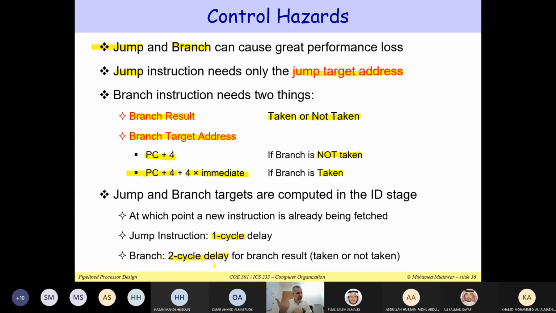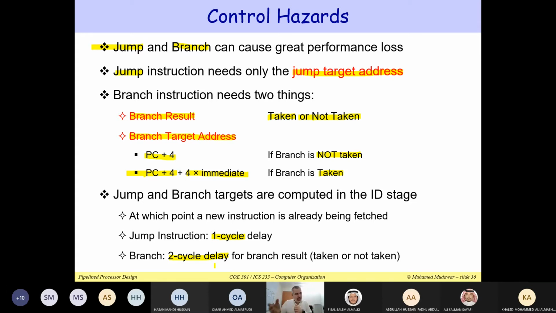When we execute the instruction in the third stage of the pipeline, we have to use the ALU to determine the outcome of the branch, whether it's taken or not taken. So we have to do a subtraction. In the case of branch if equal or branch not equal, we subtract to detect if they are equal or not. We need to know the outcome of the branch, taken or not taken.